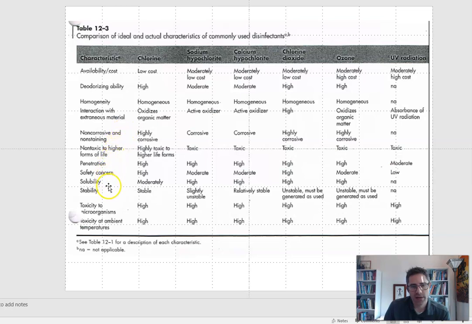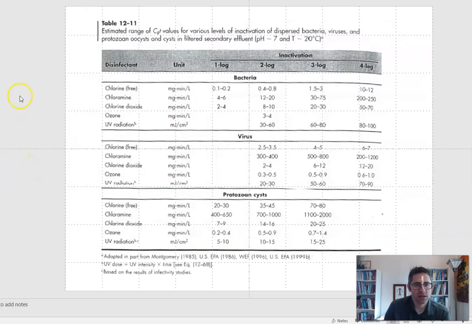You can look at safety concerns, toxicity to microorganisms, different kinds of characteristics of the different disinfectants. This next table shows CT values required for log inactivation using different disinfectants and for bacteria, viruses, and protozoa.